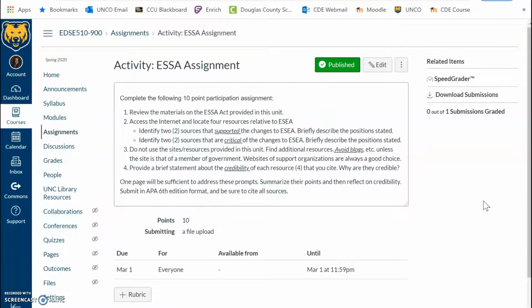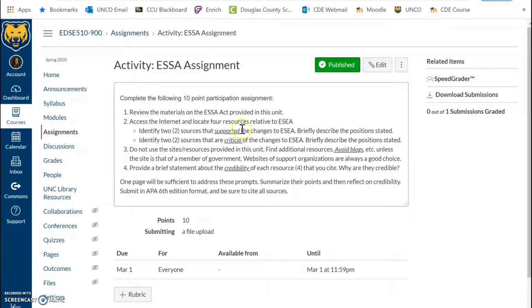Here is the EDSE assignment. It's quite straightforward. As I said, just 10 points. This will be roughly 1 page. You'll just need to review the EDSE materials and the history of that act, and then to find 4 resources that are addressing ESEA and the changes which have brought us to the point of EDSE.